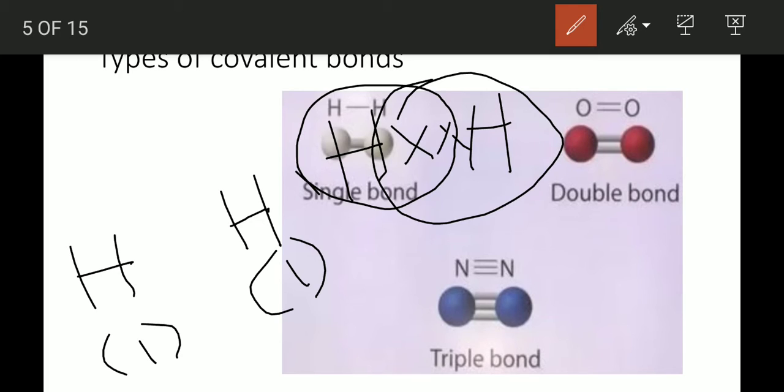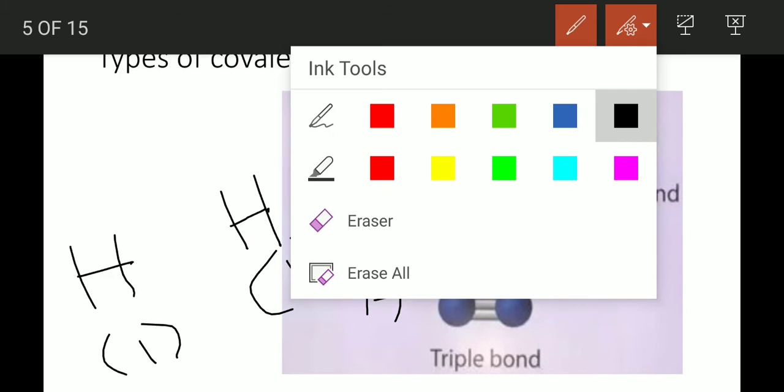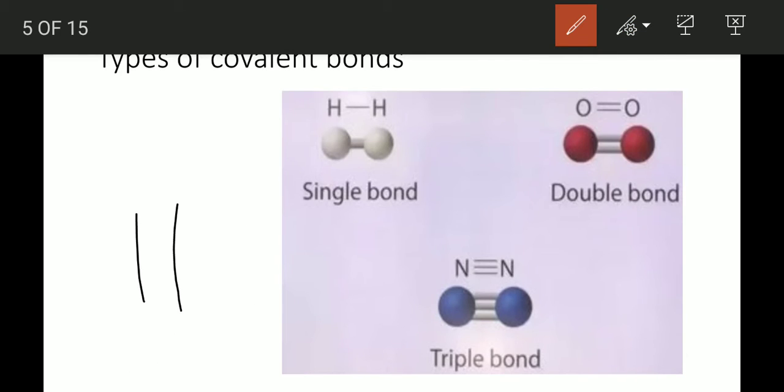Now this hydrogen feels that it is stable. Here 1, 2, two electrons, that means it becomes a stable hydrogen. This hydrogen also contains 2 electrons, so it also becomes stable. That means a single bond has formed between these two atoms. For the formation of a bond we need two electrons.